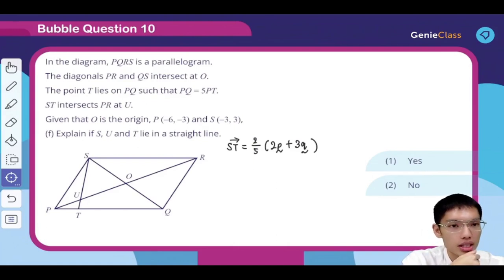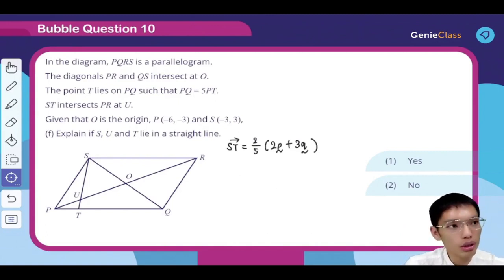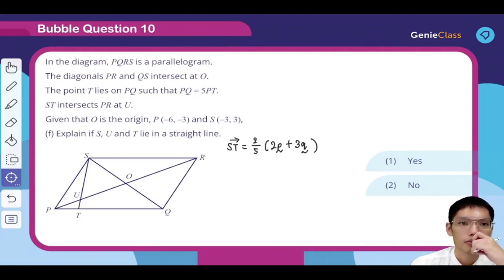You only have 2 answers, yes or no, but try to do it out. It may be obvious, but it may not look like it. So I want you all to try it out to see how we can get towards it. So take note, ST. Previous question you have ST. Now I need S. What other vectors do I need to solve this?